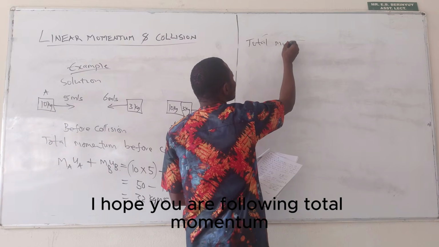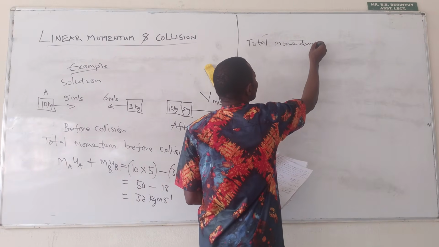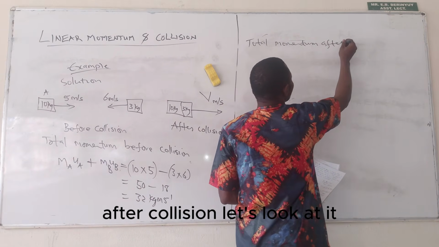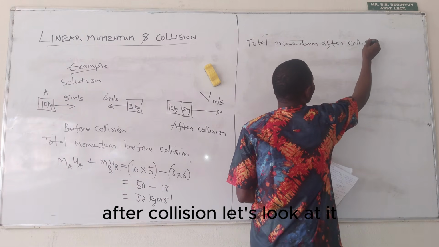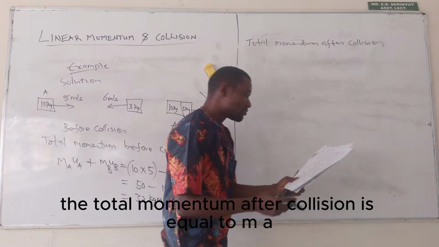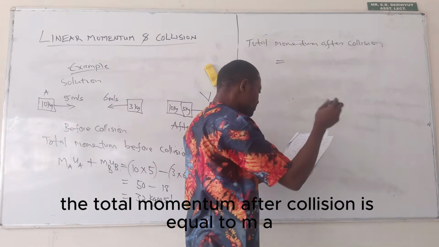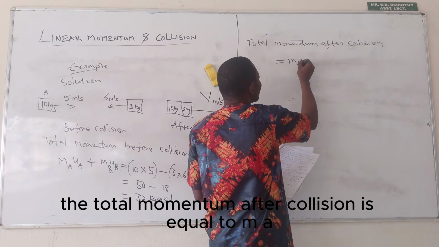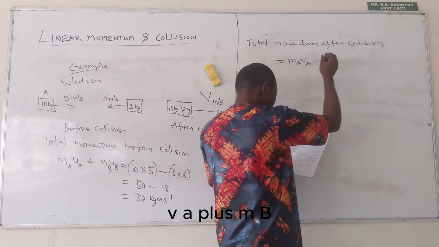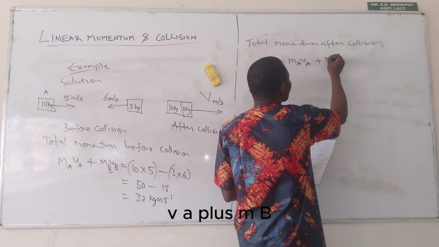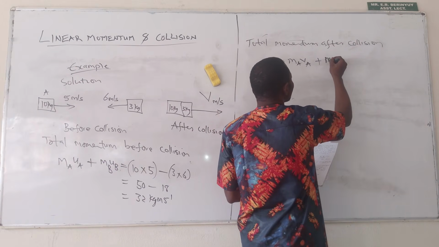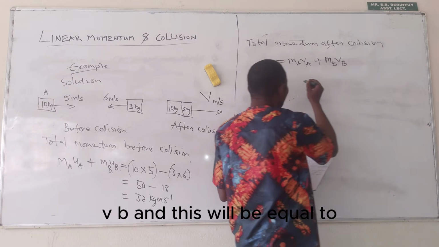Total momentum after collision. Let's look at it. The total momentum after collision is equal to MA VA plus MB VB.